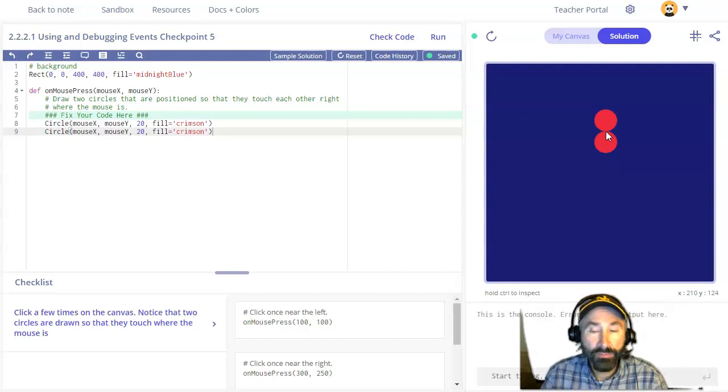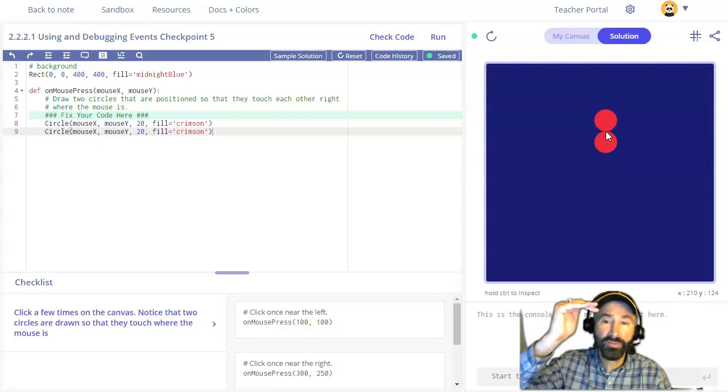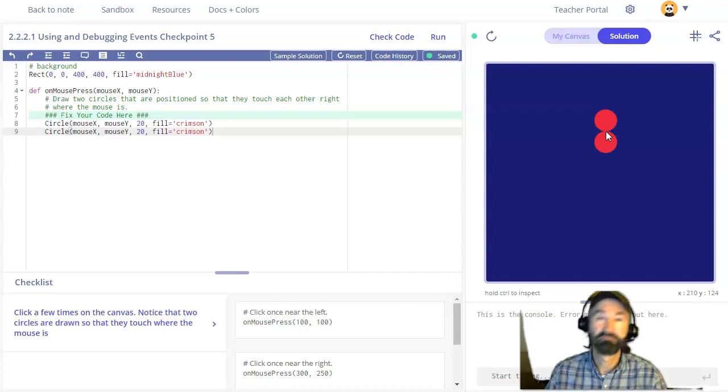Okay, I am hopeful that you took a good long period of time to think about this. And I hope you came up with the idea that one circle seems to be above the mouse click and one circle seems to be below the mouse click. I hope that's what you figured out, but if not, I'm happy to give it to you.